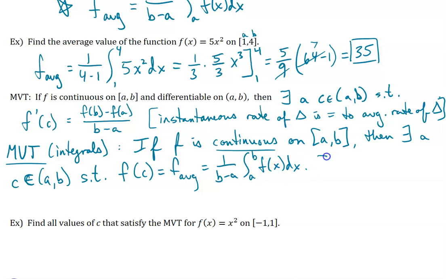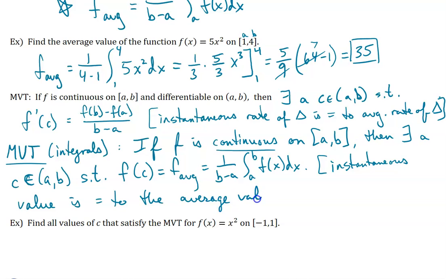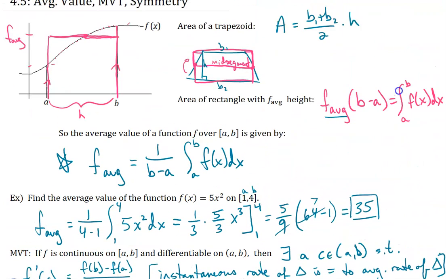Or in English, we could say there's a c where the instantaneous value is equal to the average value. Let's scroll back to the picture and see what it means for this problem.